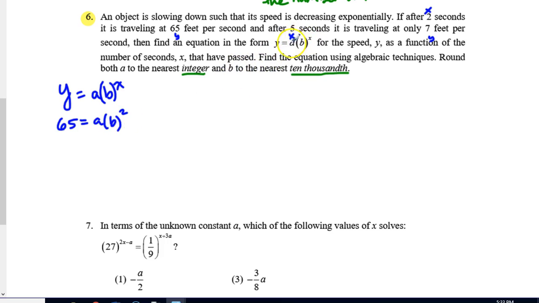The initial value, which is that A, and then the multiplier, which is the B. So the other equation can be written involving 5 seconds and 7 feet. So if you recall, what we did before was try to solve for A and B. If you got this far, why don't you see if you can take it from here? We've done one like this earlier. See if you can take it from here, finding out what A and B are.